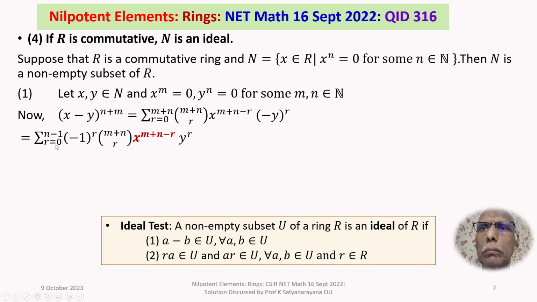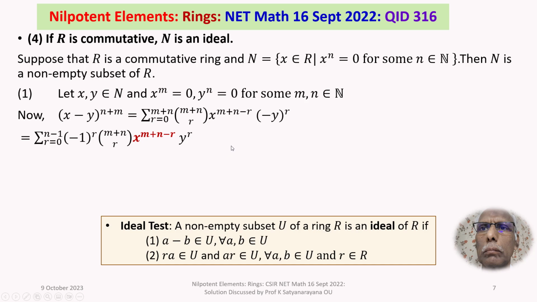Now r ranges from 0 to n−1, so m+n−r is greater than m. Since x^m is 0 and m+n−r is greater than m, x^(m+n−r) is 0.